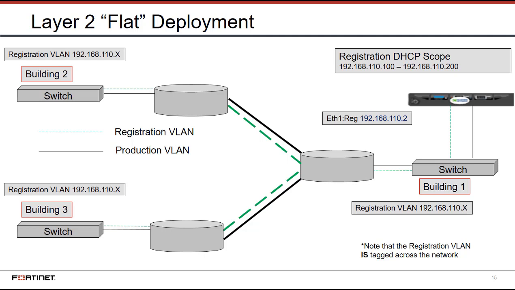So in this example, you can see the IP handed out will be 192.168.110.100 to 192.168.110.200. So that is our registration scope. And then we see that Ethernet 1 has an IP address of 192.168.110.2. That's the interface on that VLAN, and that would be designated as the DNS server to the host.